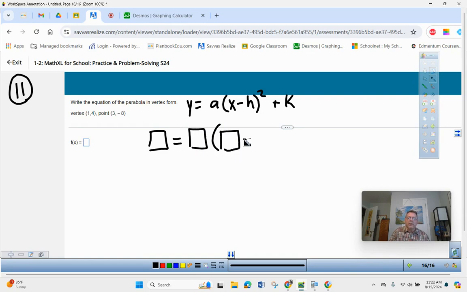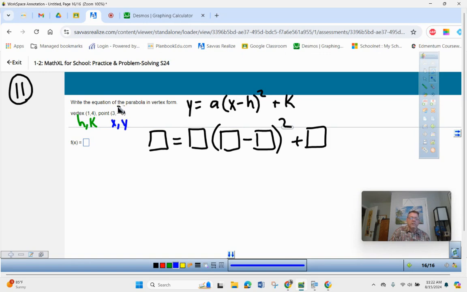They're placeholders for something else. Okay, and we know that this is going to be h, k, and this is going to be x, y.